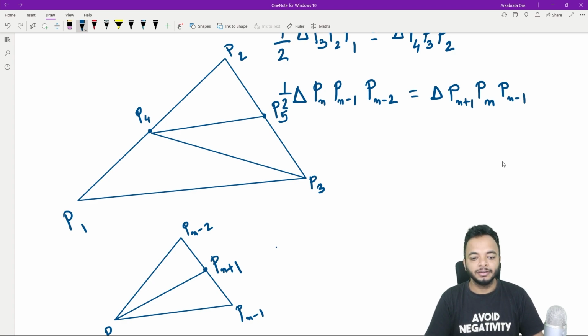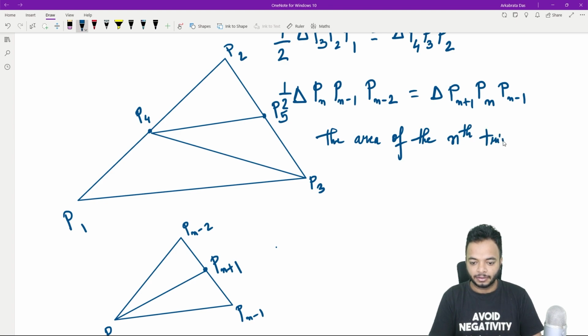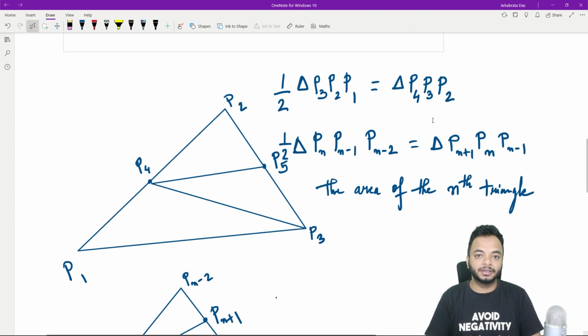Okay, so by induction, at any step, wherever you have a triangle, the next triangle will have half the area of the previous triangle. And thus what we can say is that the area of the nth triangle, so you can see that the area of the second triangle is half of the first triangle.